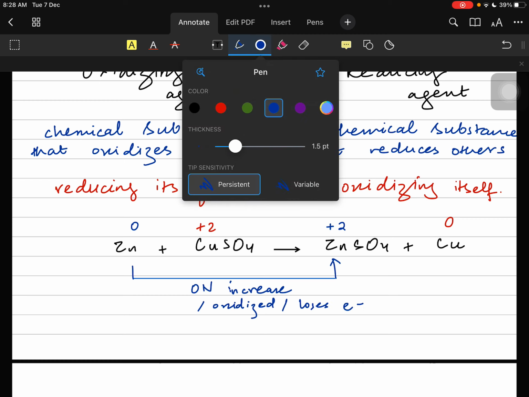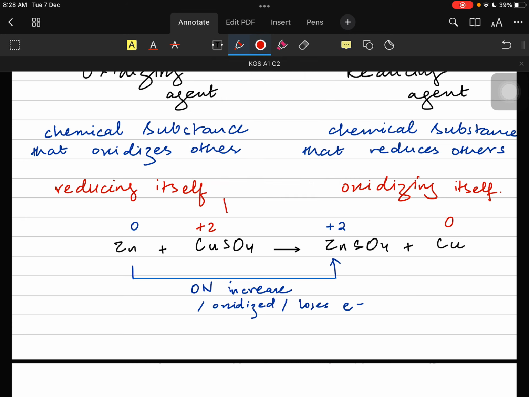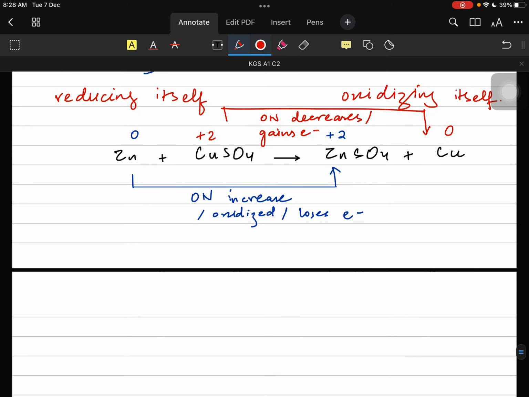For copper, we know that in the beginning copper was +2, now it's decreasing to 0, so the oxidation number decreases. It gains electrons. Now, zinc is oxidized, so zinc is actually the reducing agent.